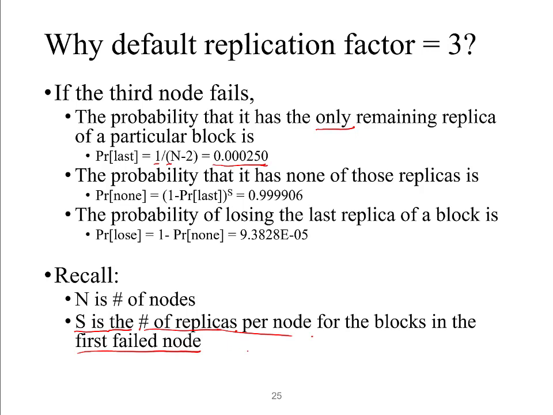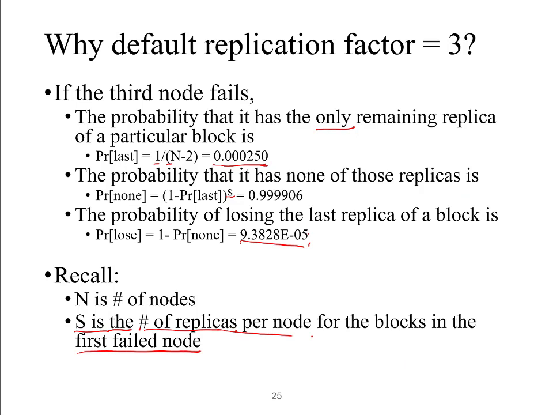So in other words, S is the number of replicas that have 2 replicas on the 2 failed nodes. That's why here it is to the power of S. Then the probability of losing the last replica of a block is 1 minus the probability of none of this, which equals this number.